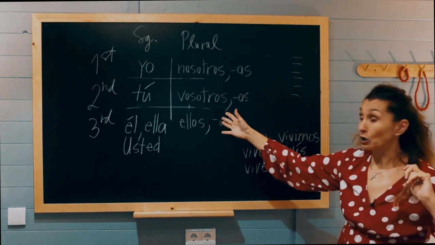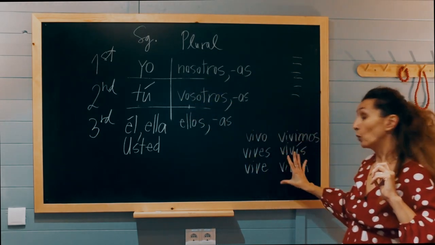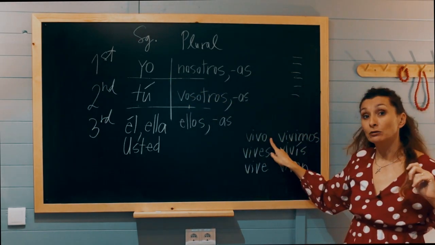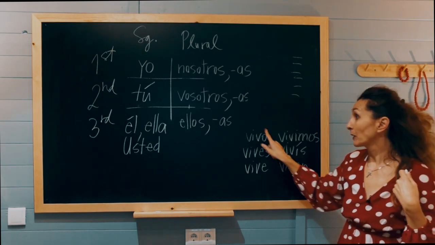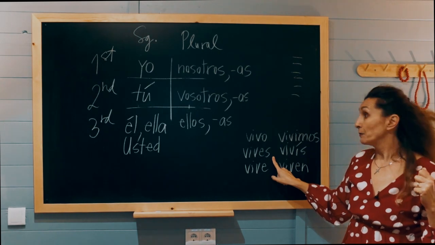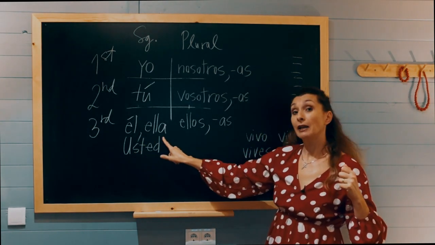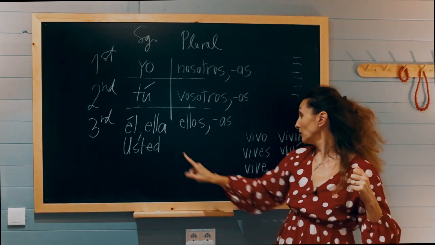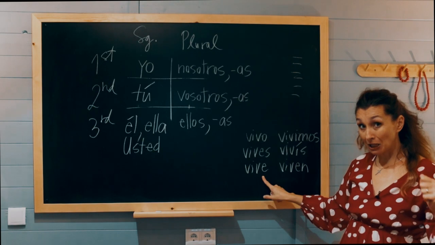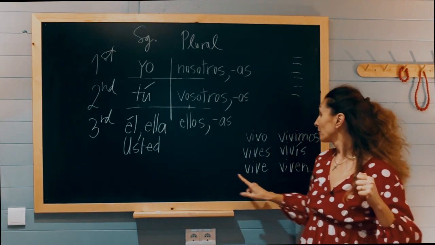These are the first ones to learn, but also these are the ones that go with the verbs. So, yo vivo, I live. Tú vives, you live. Él, he, ella, she vive, he lives or she lives. Usted vive.